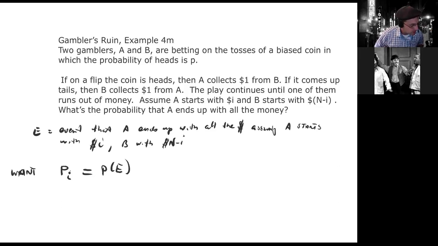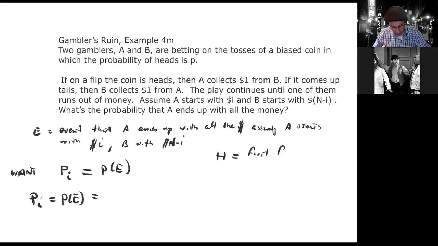So now I want to compute P sub I using the law of total probability. That's P of E, as we said, and I want to define a new event, H. H will be the event that the first coin flip is heads.